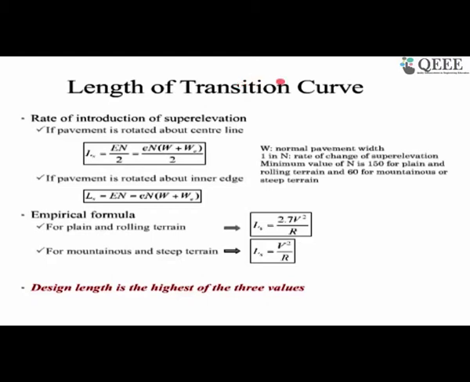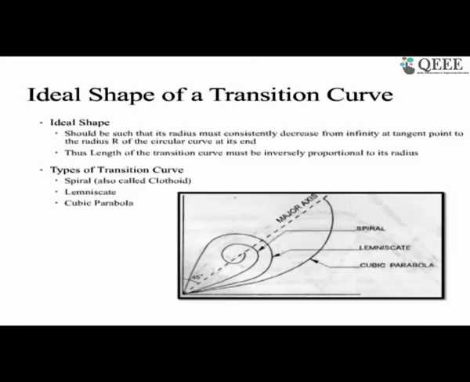Another question is about slide number 47, the graph showing different types of transition curve. What is the X and what is the Y axis? This is your major axis, and both the X and Y axes are in distance.